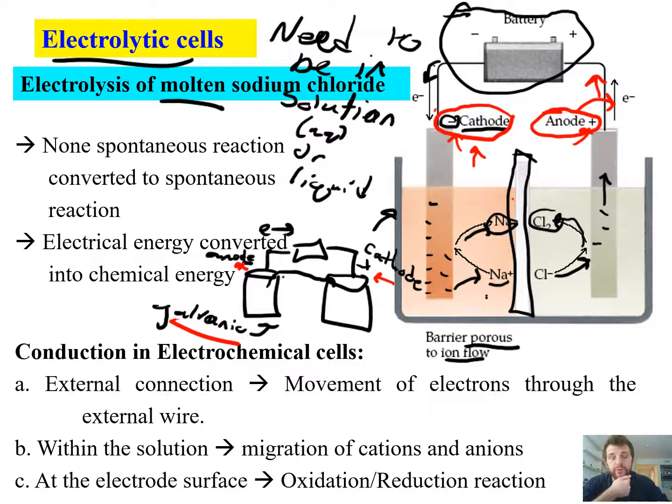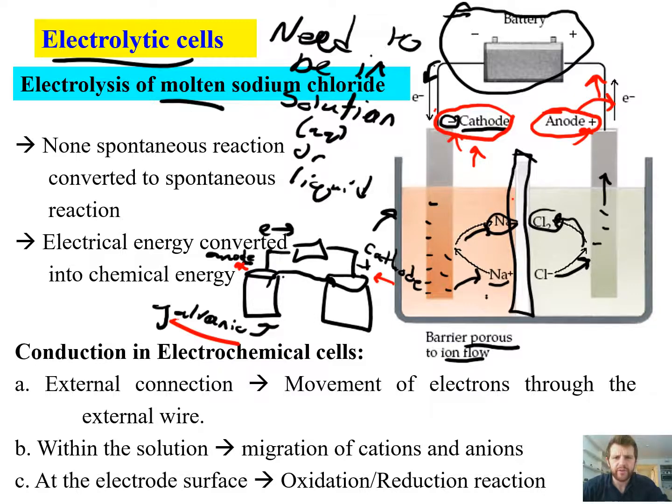This is also where you're going to have a lot of electrons built up around the outside, and those electrons are going to jump onto the sodium and turn into solid state sodium. And then the anion over on the anode is going to donate electrons, becoming the elemental state, and those electrons then flow back up into the battery to complete the circuit.